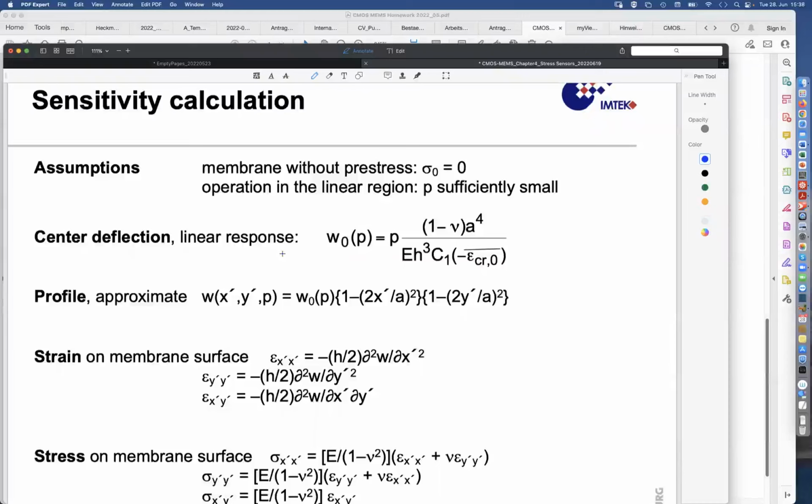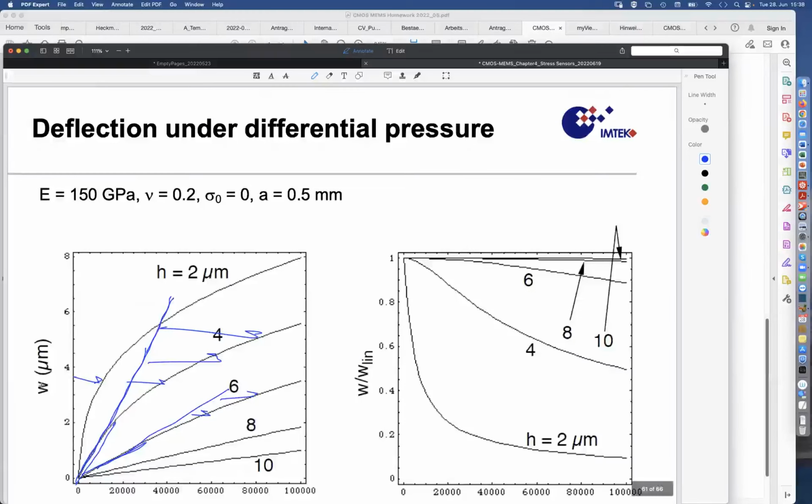What I propose here is based on an assumption that the membrane is operated in the linear region. Whatever the dimensions are, we are only operating it in this linear region, which is certainly true for thick enough membranes, or membranes that are not too large in comparison with their thickness. So it has to do with their aspect ratio somehow.